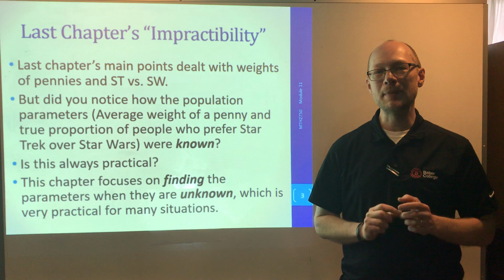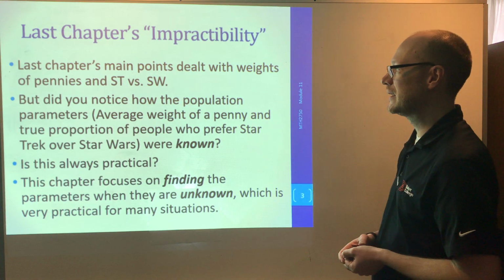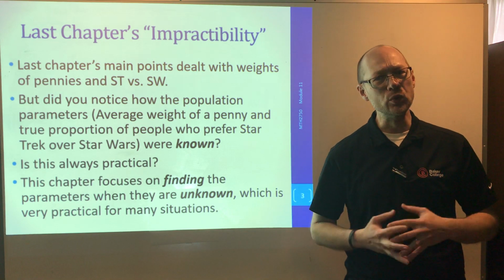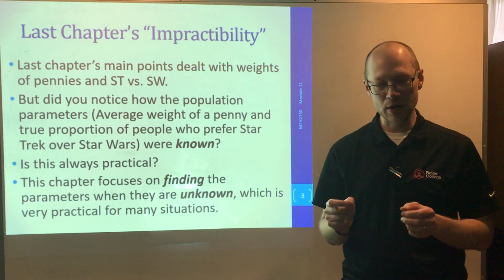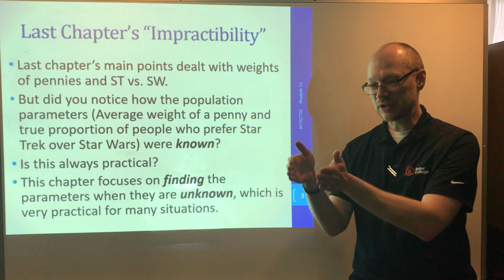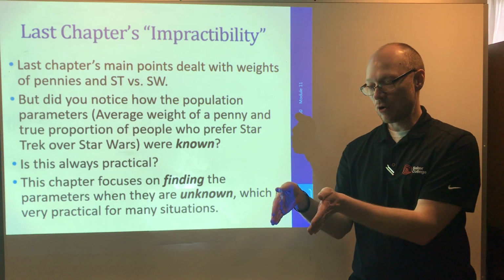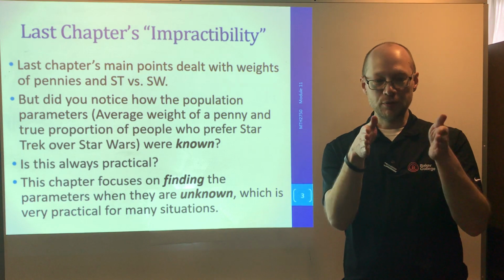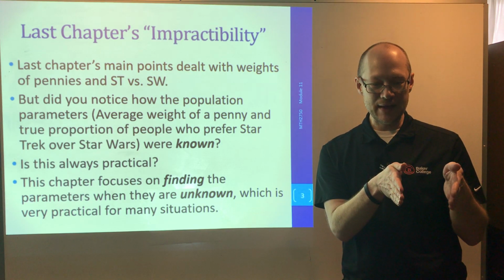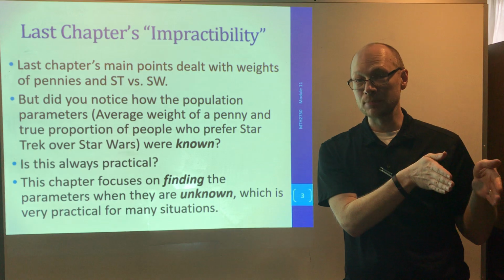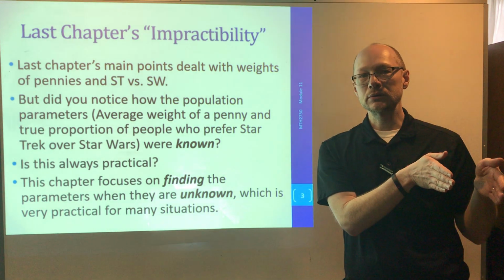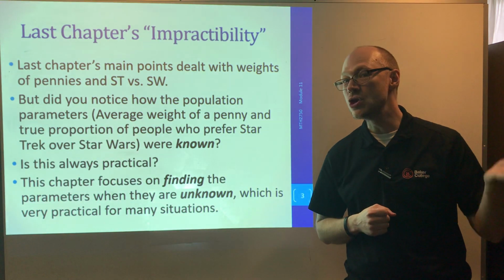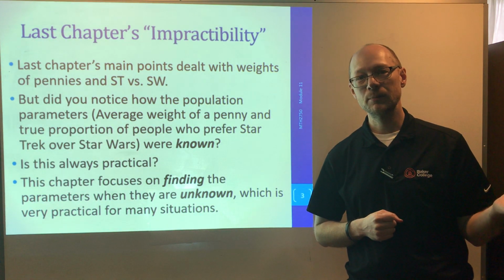But did you notice how the population parameters, the average weight of a penny and the true proportion, were both known? If you think back to Chapter 1, isn't the process of statistics saying, I want to know how a population thinks or is, so I sample it, perform statistics on that sample, and infer back to the population? Well, that doesn't make sense to do if we already know what the population is, right?